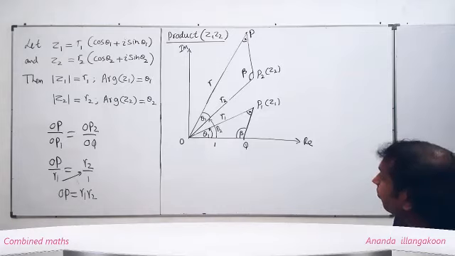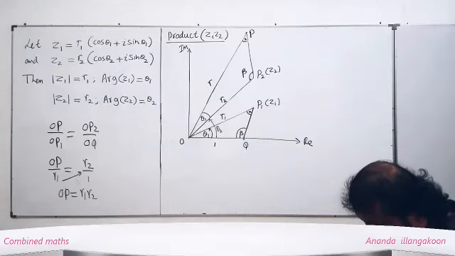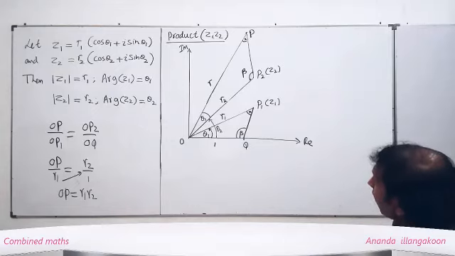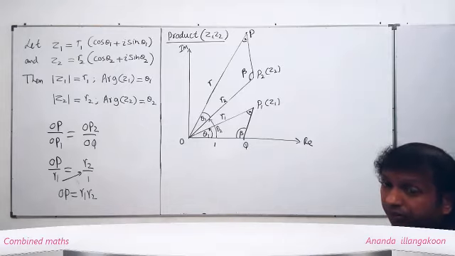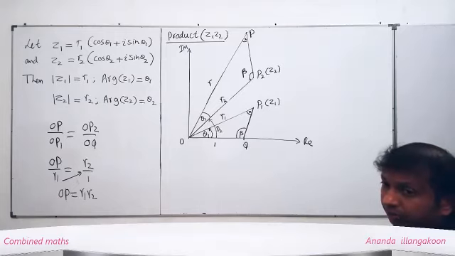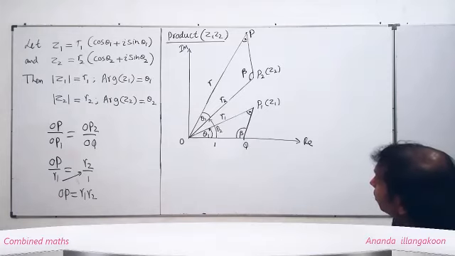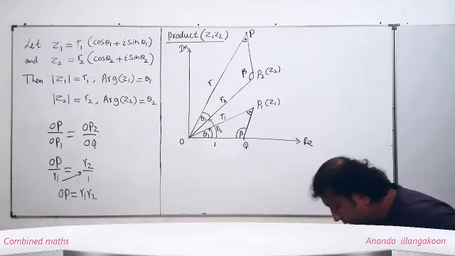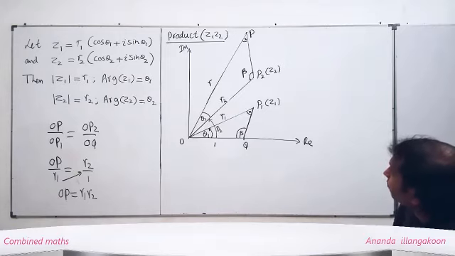Write down like this. Let the points P1 and P2 represent the complex numbers Z1 and Z2 respectively.